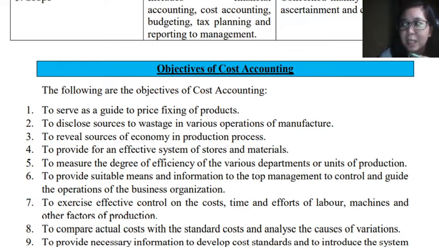So the question is, is the product staying in the warehouse important or essential to add value to the product? When the customer uses it, will it give them satisfaction? No. So this is also one important function of cost that can be used by the management to eliminate the waste and other non-value-adding activities and costs in the production. That's how they control the cost and minimize the cost.